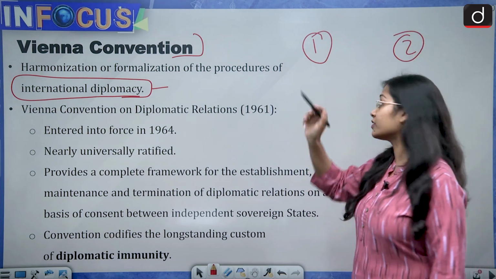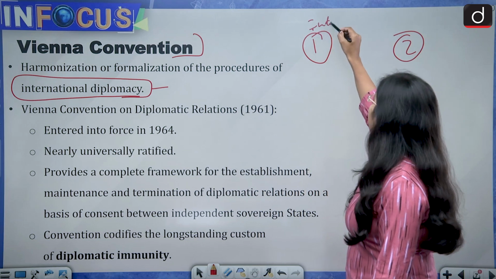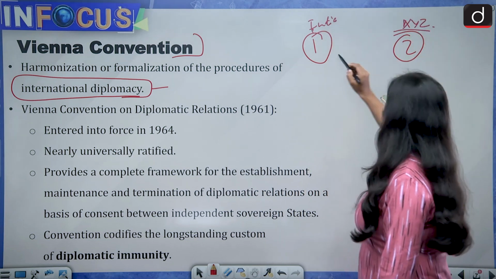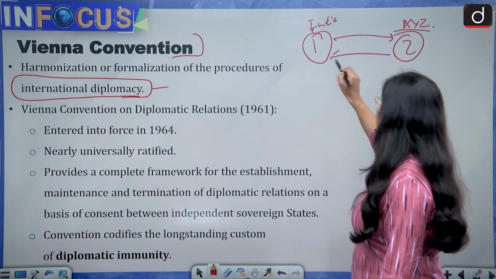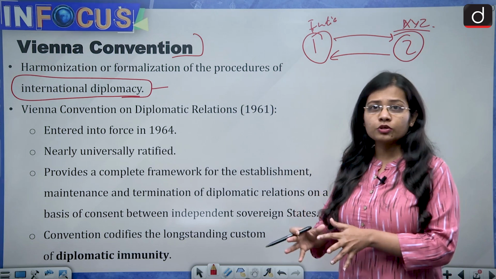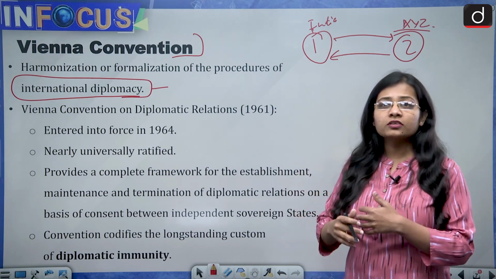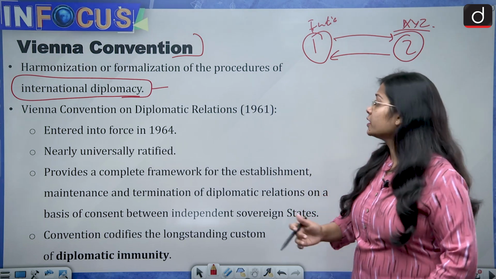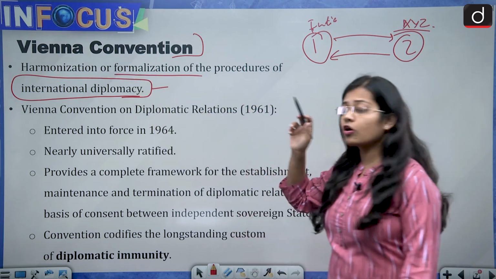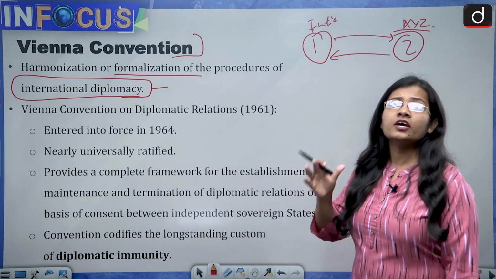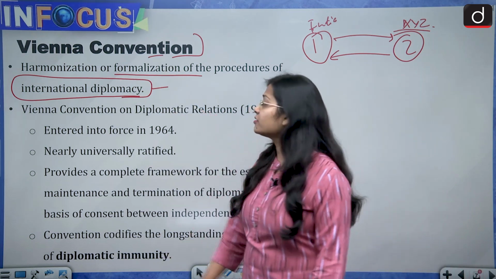So there are two countries: this is India and the second one being anyone, X, Y, Z. The diplomacy or diplomatic relations going on between country 1 and country 2, the framework and formalization of these diplomatic relations between two countries, is what the Vienna Convention has done.